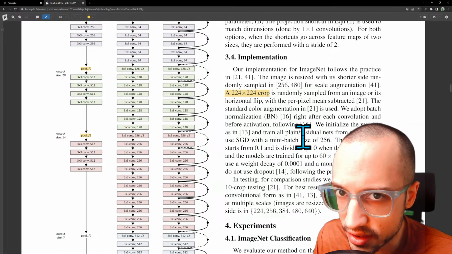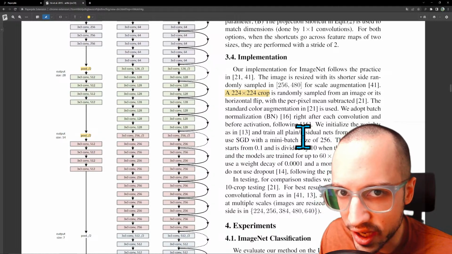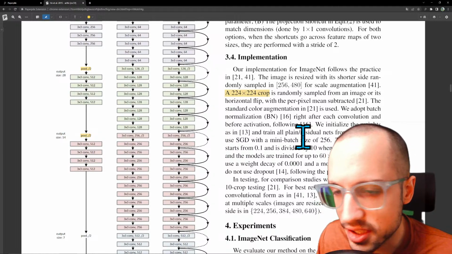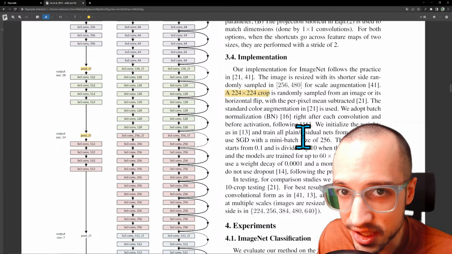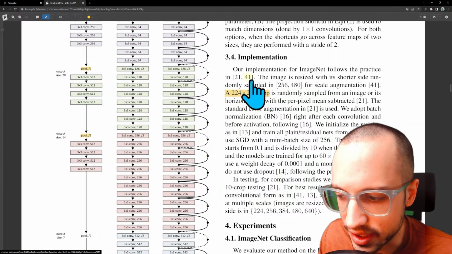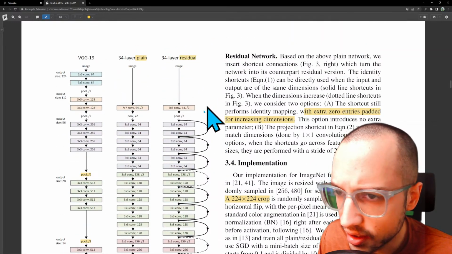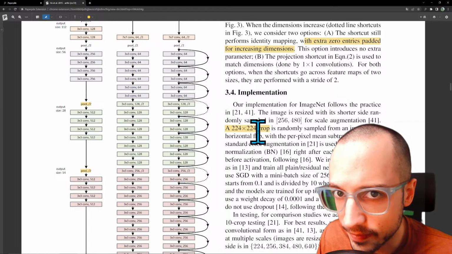So COCO has different image sizes, right? They're not standardized. Something like MNIST or ImageNet, every image has the same exact size, but I think COCO does not. So you have to either crop it or scale it. And here they're choosing to crop it.